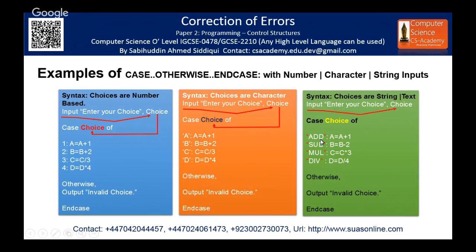Again, the same exercise for this option. Please notice that add is written within double quotes. It means that you have to type in a double quote add for performing addition. S should be subtraction, the short for subtraction is sub, then MUL is short for multiplication, and DIV for divide.